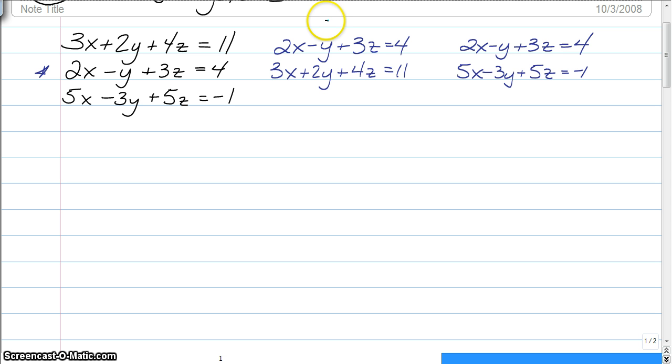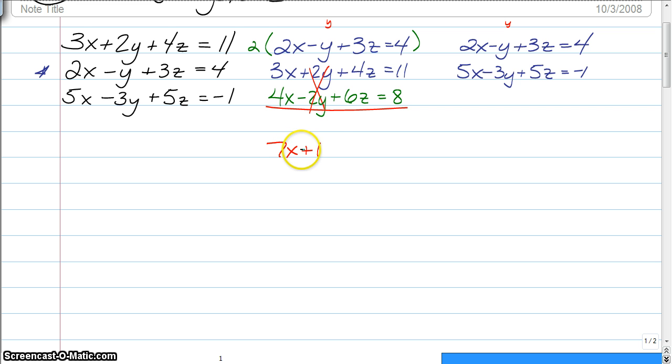Well, what you need to do is eliminate y from both of these stacks, just like old school elimination. So for this one, you're going to need to multiply the top by a 2. That'll give you 4x minus 2y plus 6z is equal to 8. And our y is going to cancel like we want it to. And then we're going to have 3 plus 4 is 7x, 4 plus 6 is 10z, is equal to 11 plus 8 is 19.